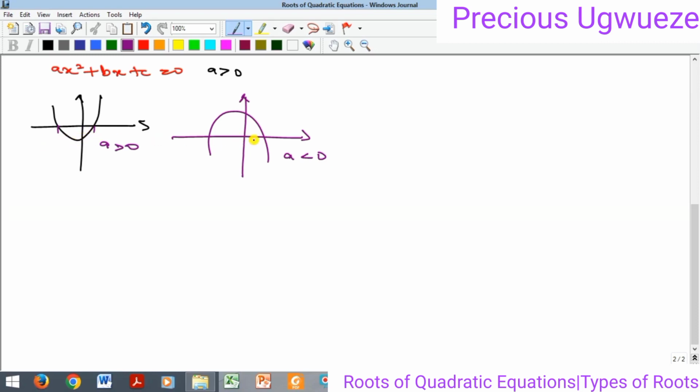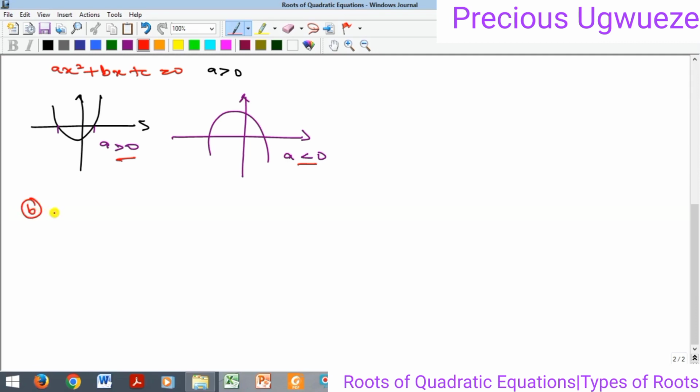Or it can be like this, depending on the nature of your a. So these two will determine whether it will be an n or a u curve. But if it satisfies that first nature, which is real and distinct, then it can be either of these two.